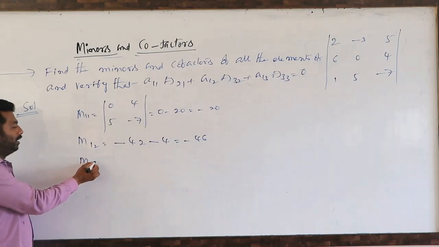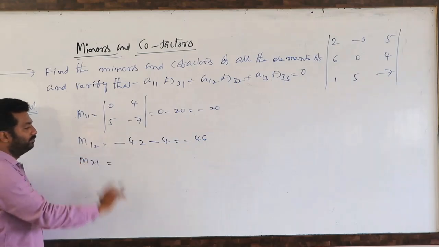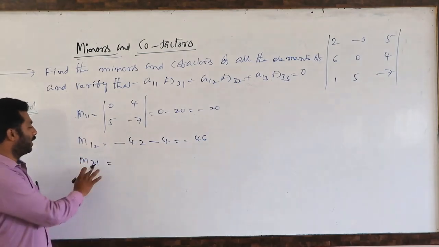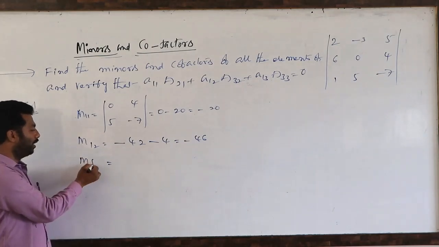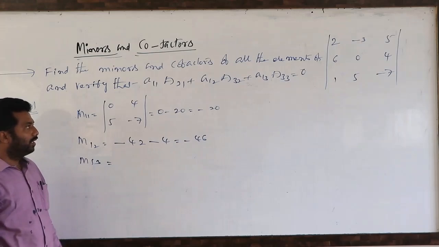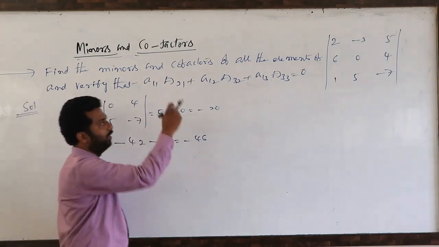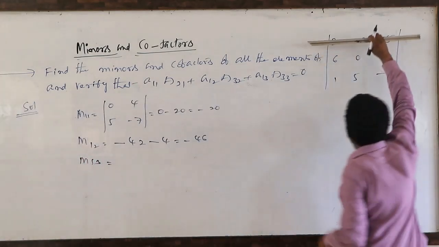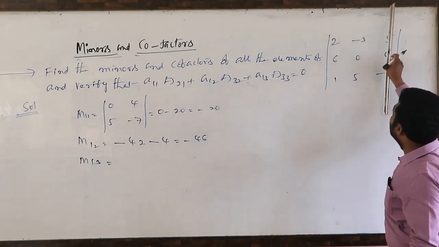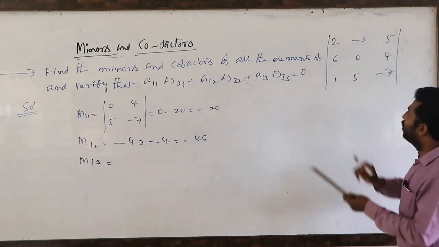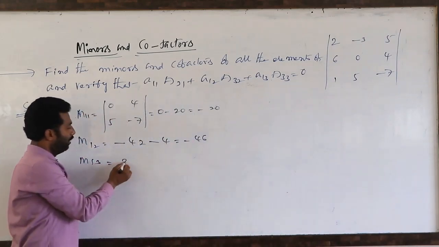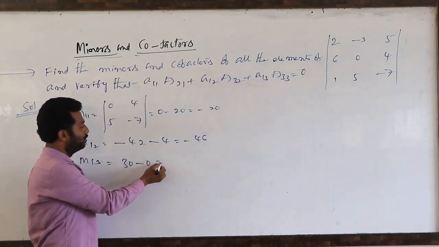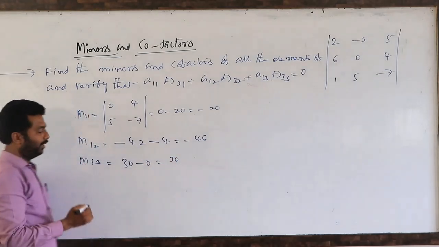Next, M13 I have to take. M13 means first row, third column. First row, third column we have to close. Then what is left? 6 into 5, 30, minus 0, nothing but 30.